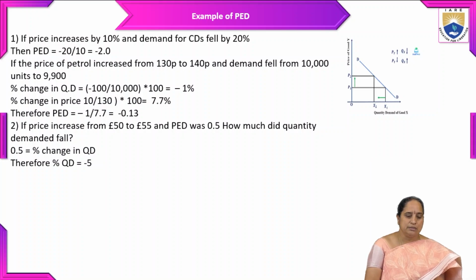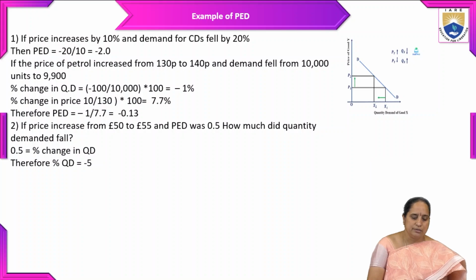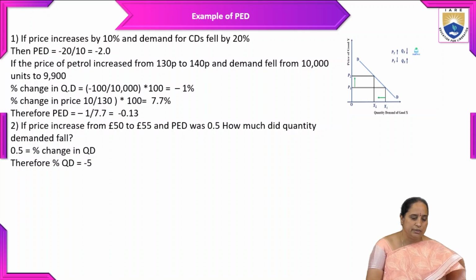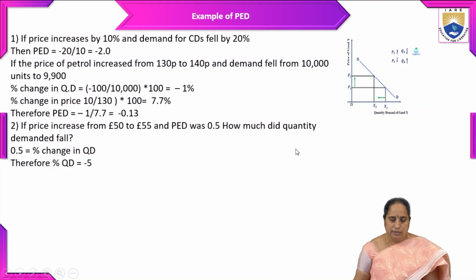In another case, if the price increased from 50 pounds to 55 pounds, and the PED was 0.5, how much did quantity demanded fall? The percentage change in QD is therefore minus 5.